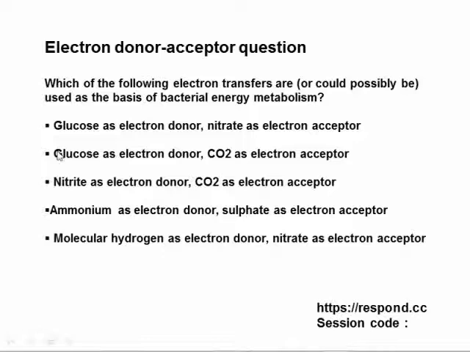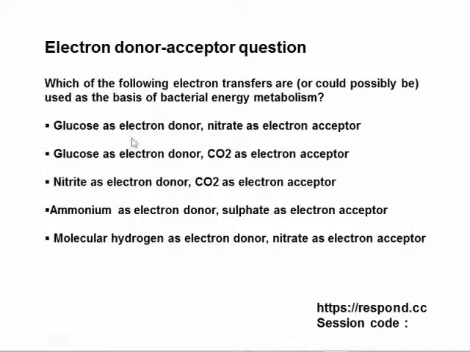That will work. Glucose as electron donor, carbon dioxide as the electron acceptor. Is that going to work? I would say no. Yes, it's a good donor, but with what as the electron acceptor?